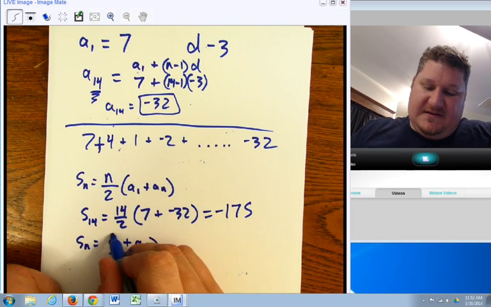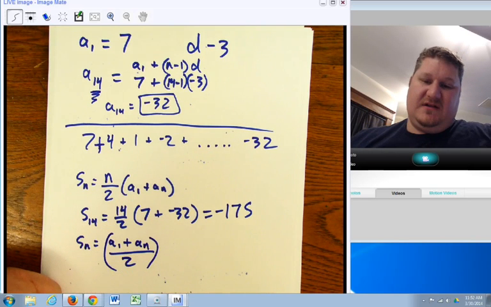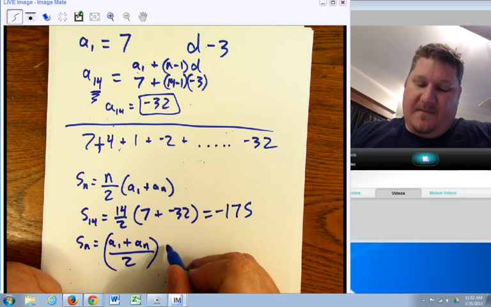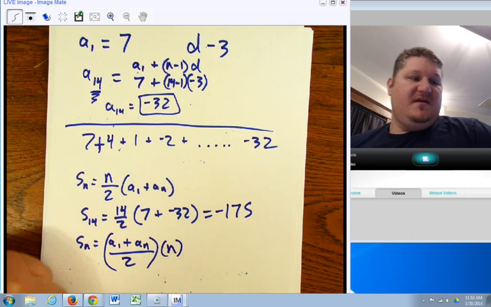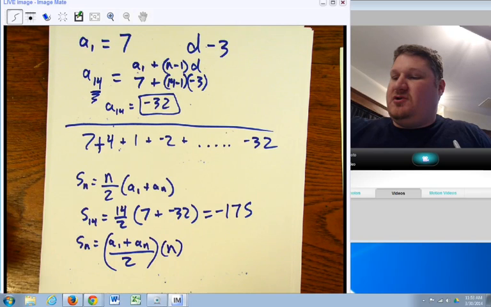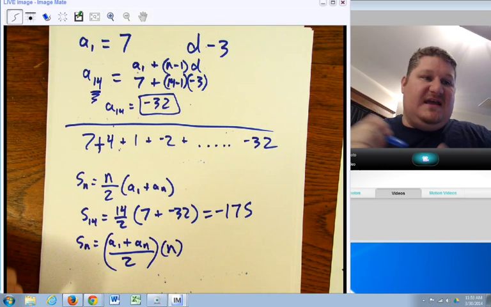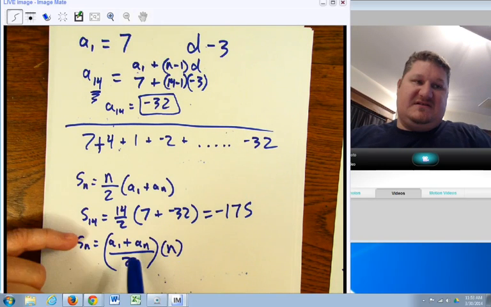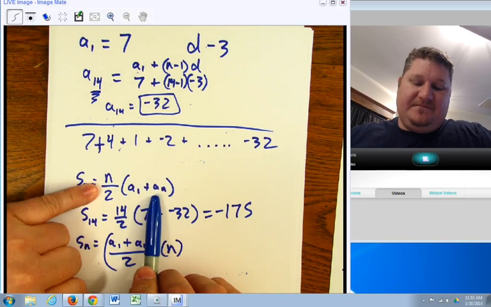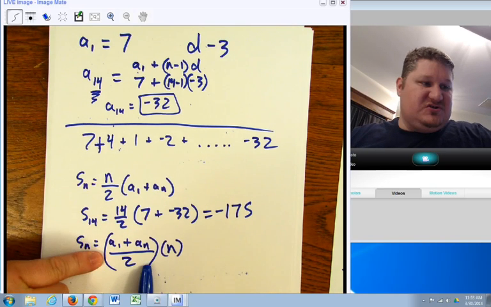So if I take the average of the first and the last terms and multiply that average by however many terms I have, it's going to equal the same as if I added every individual term together. So this formula is really just the average of the first and the last times however many terms there are.